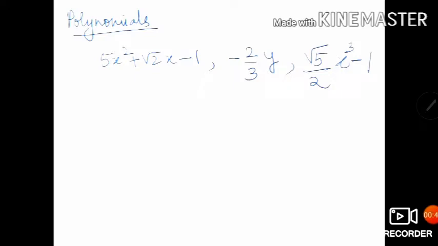All these are examples of a polynomial. Notice the power of the variable in each term of these expressions. The powers are whole numbers. So, for an expression to be a polynomial, the power of the variable should be a whole number.